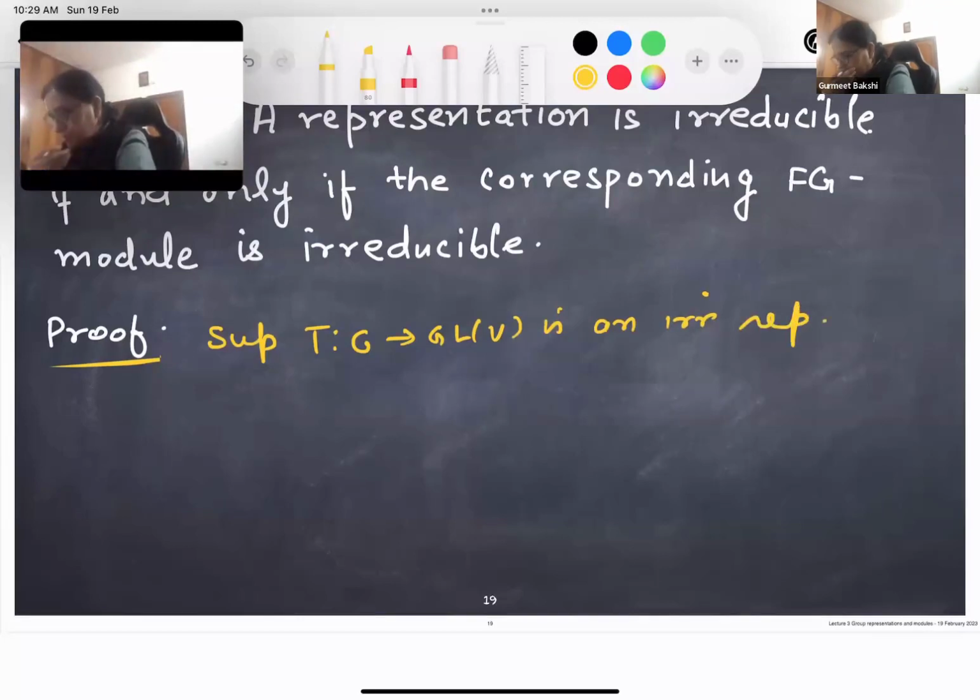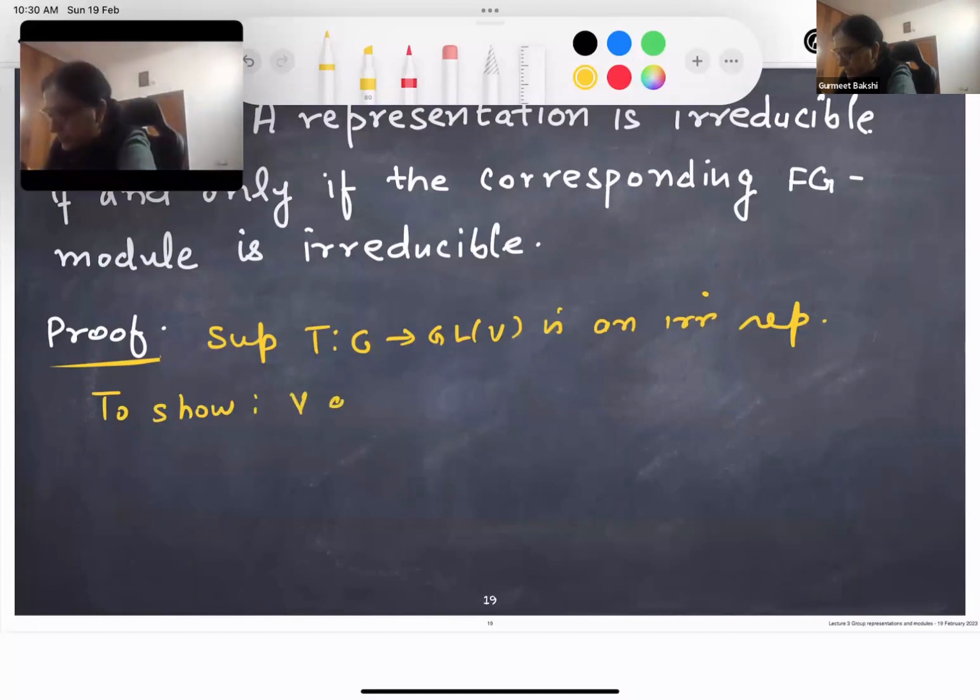What do you mean by saying that you have an irreducible representation? That there is no T invariant subspace of V, other than 0 and V. So to show that V as FG module is irreducible, suppose not. What will happen?